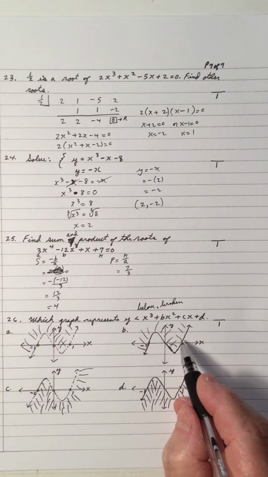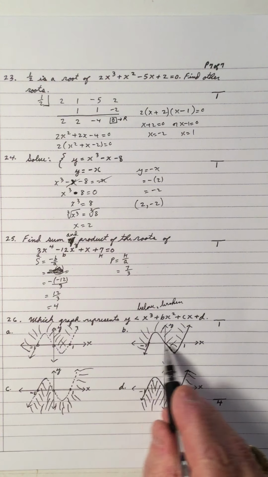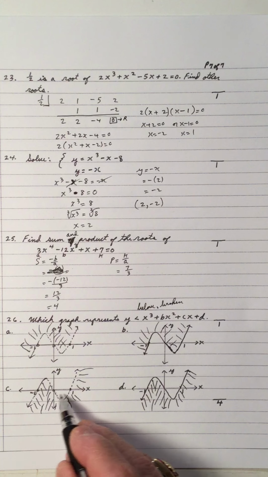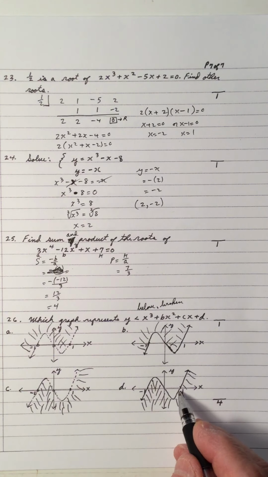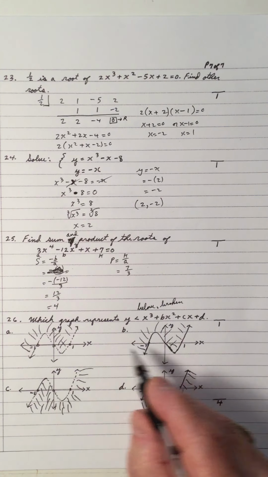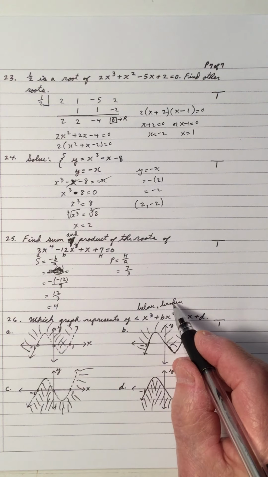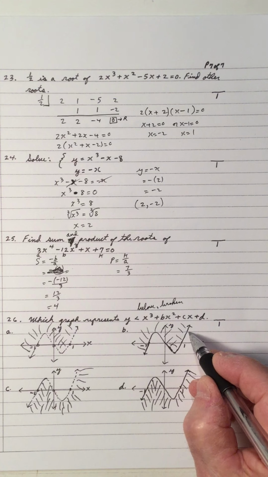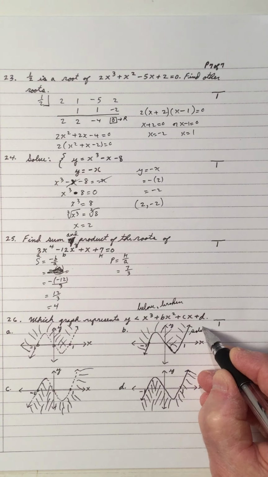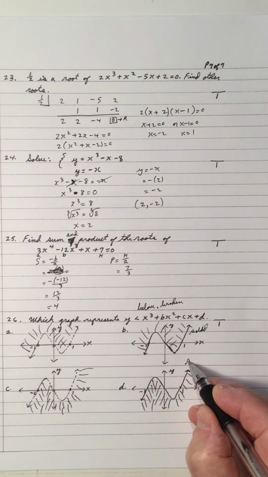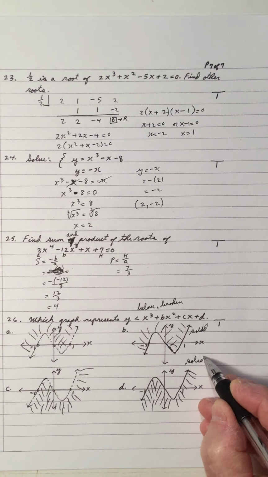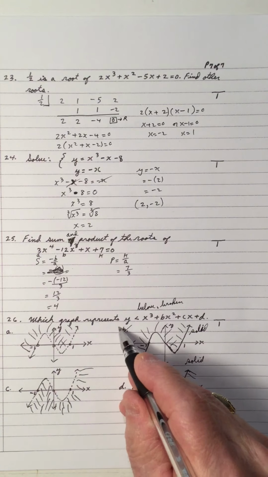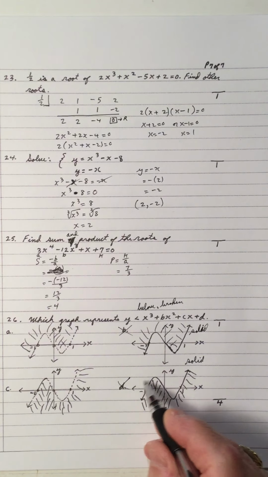Also notice that all these intercepts, 1, 0, negative 1, they all have the same intercepts. So the only difference you've got to recognize is that it's broken. It has to be broken. This is solid, and this is solid. So B is not and D is not, because it's a solid boundary line.